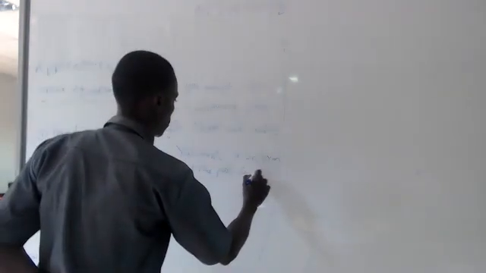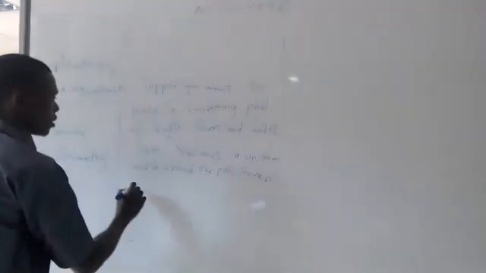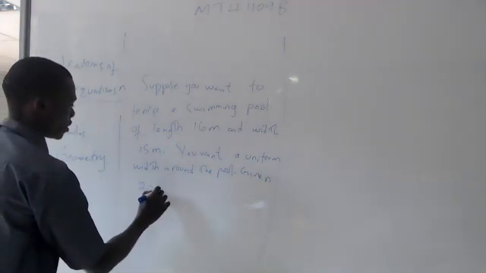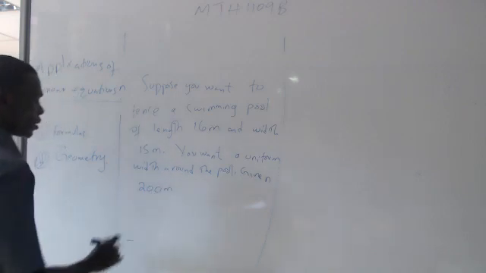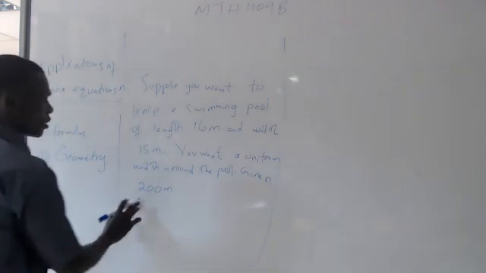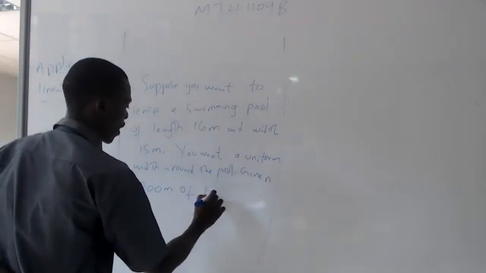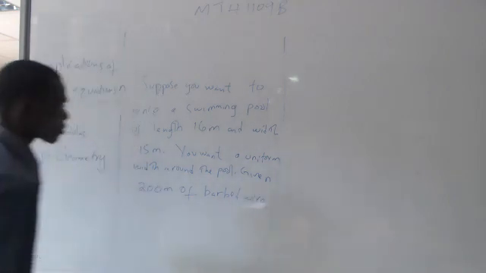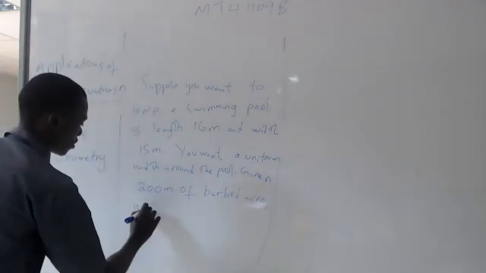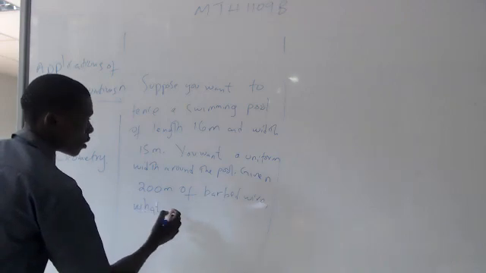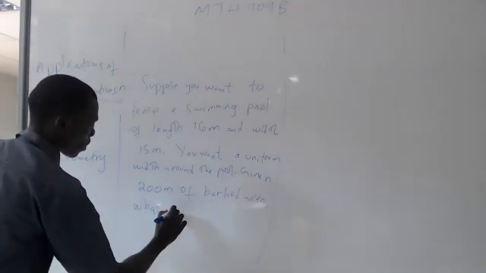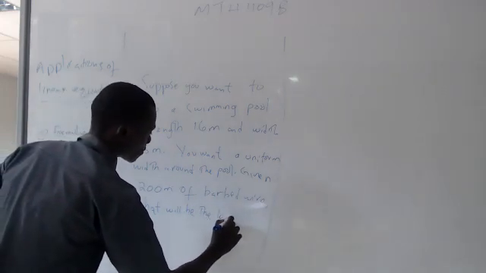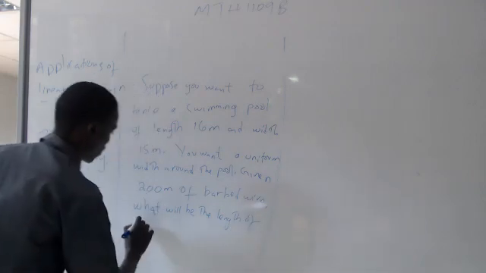Let's say you are given 200 meters of barbed wire. What is the length of the uniform width?